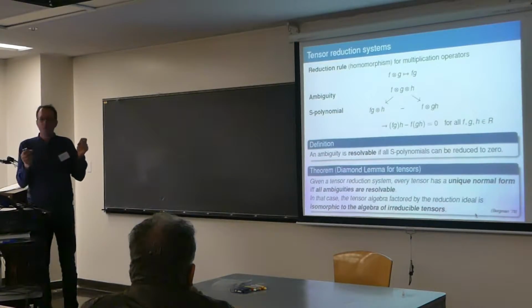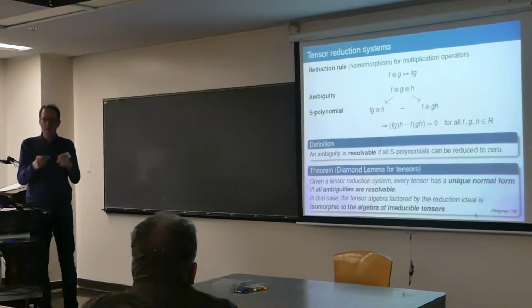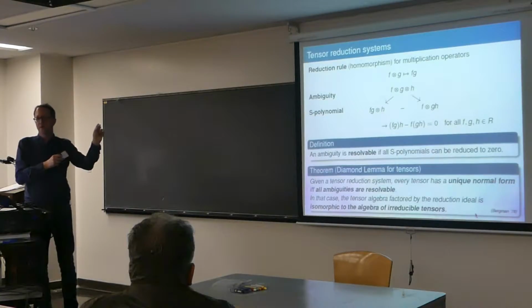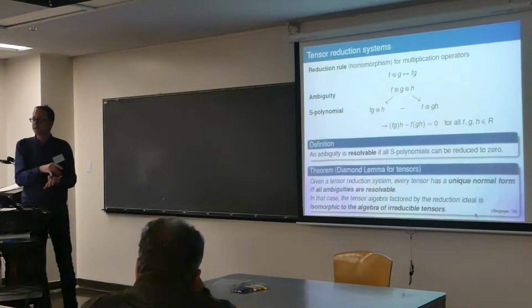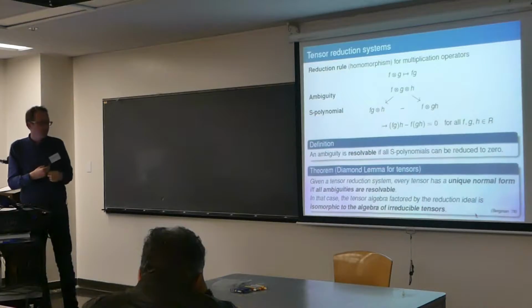Every tensor has a unique normal form, so you have given lots of such reduction rules, and you apply them in any order, and you always end up at the same normal form, if and only if all ambiguities are resolved. So all you have to do is check all possible ambiguities, check if you can reduce them to 0, and if this is the case, then each tensor has a unique normal form. That's the formula.